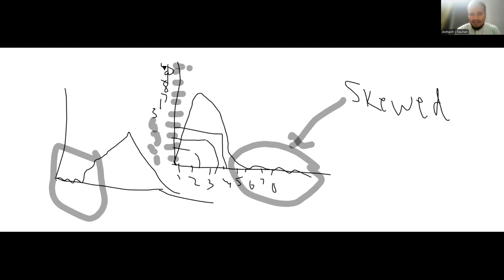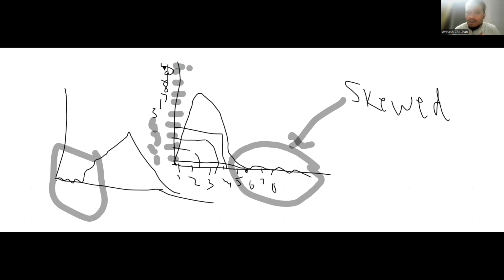And here you can see when my value of x was 6, my value of y was 1. So what does it mean? It means that my data points are skewed towards the right. It's not a simple graph like the one we were plotting.